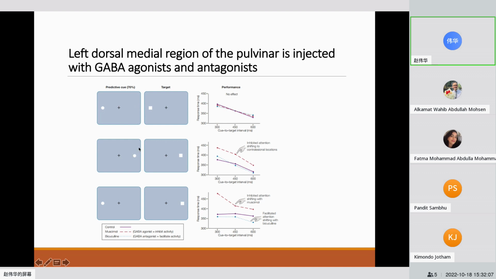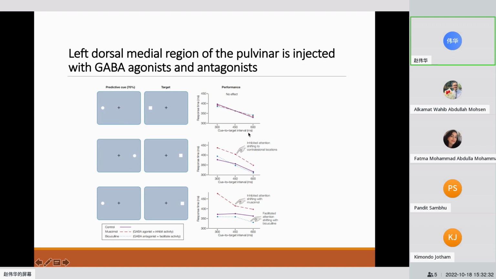The other one is the right, and the cue incorrectly predicts the target. The measure is the reaction time to target detection as a function of the cue to target interval.